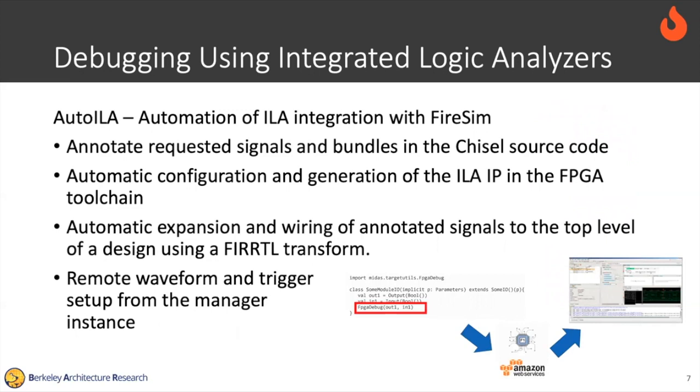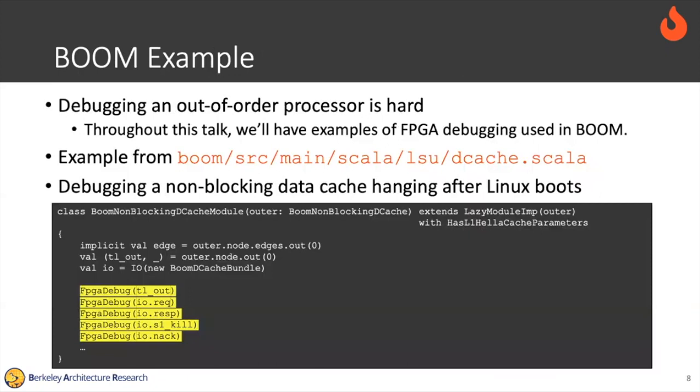And then we have this remote waveform capture and trigger configuration mechanism too. So as a quick example, you don't have to do this, but for example, if we had a bug in BOOM, let's say our non-blocking data cache is causing a hang after Linux boots, we can mark some signals with this FPGA debug flag, and then they get wired up to an ILA for capture later.